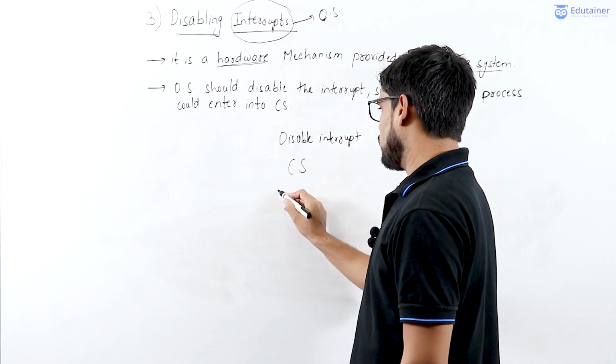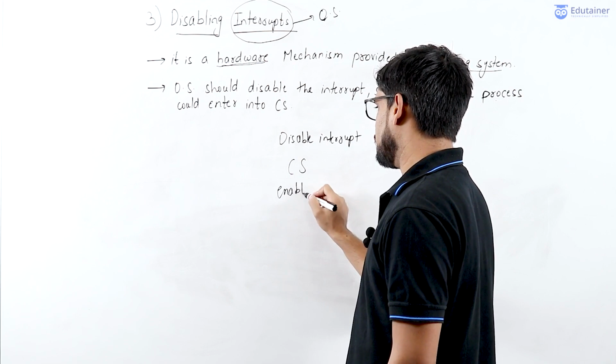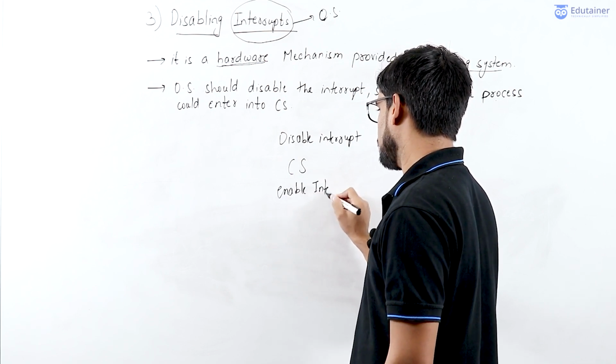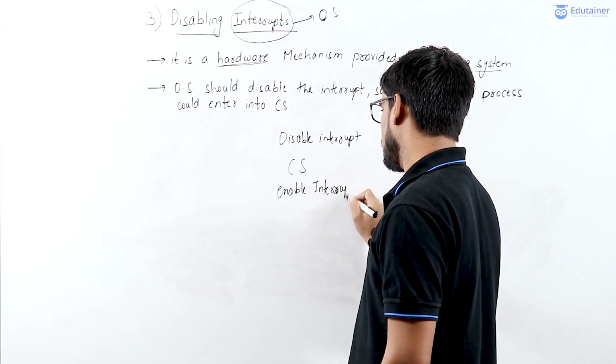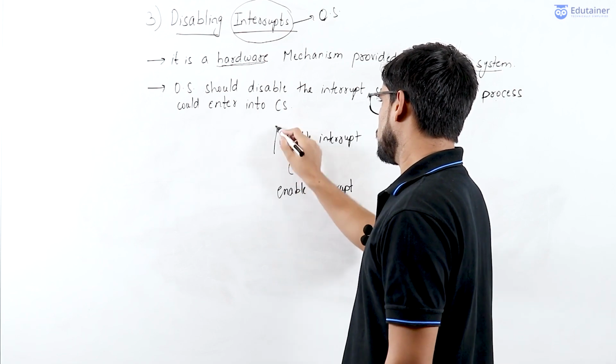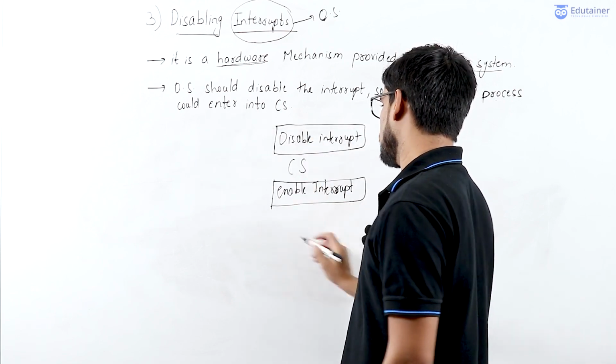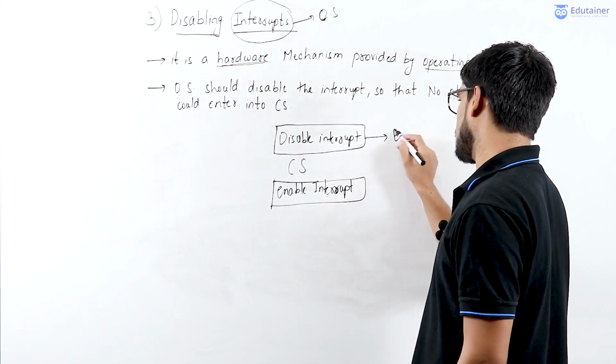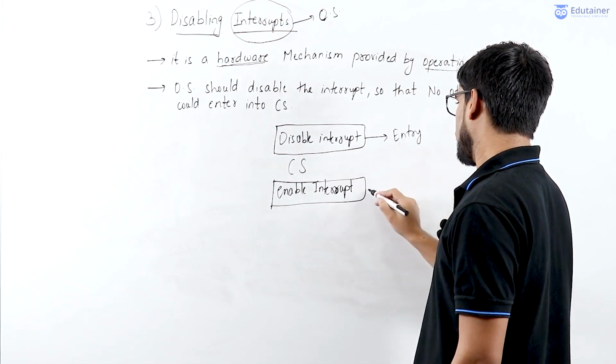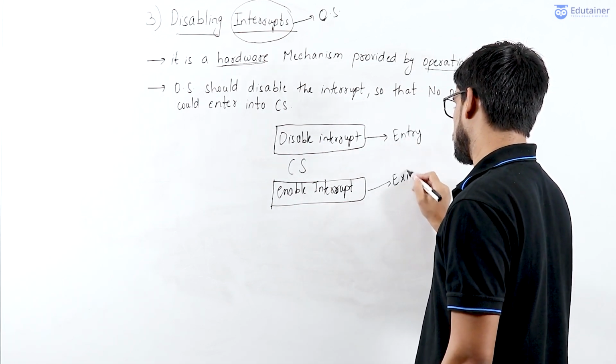In the exit section we again enable the interrupts. So the entry section contains disable interrupt and the exit section contains enable interrupts. This is entry and this is exit.